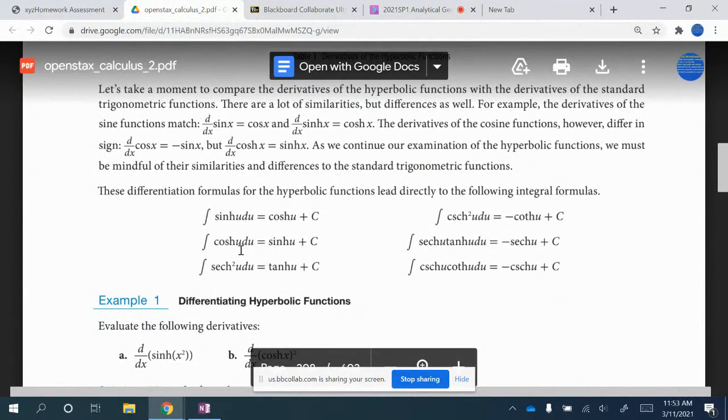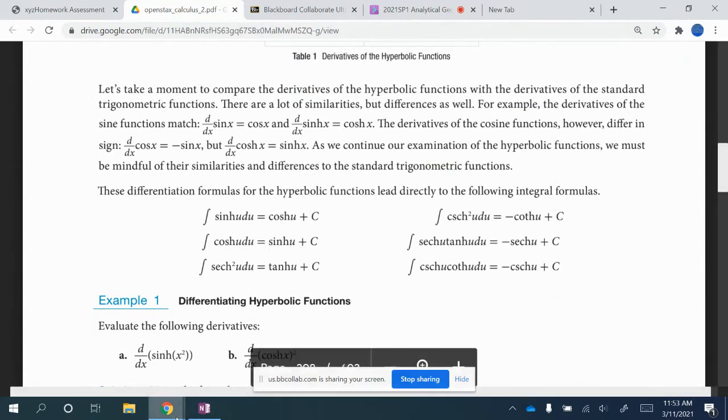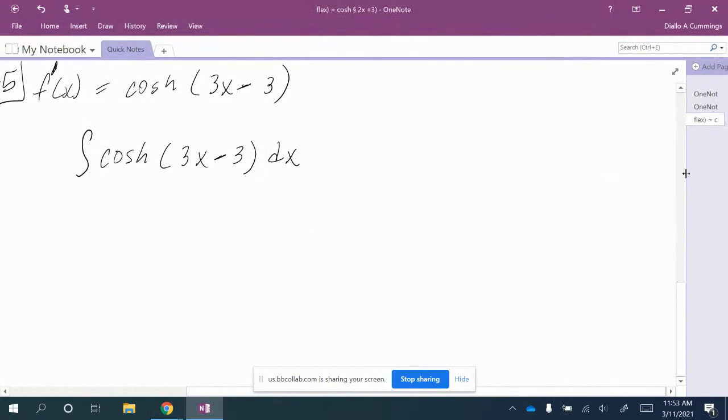The integral of the hyperbolic cosine of u is equal to the hyperbolic sine of u. So I don't actually have the hyperbolic cosine of u. I have the hyperbolic cosine of 3x minus 3. So I'm going to make a substitution. I'm going to let u equal 3x minus 3.